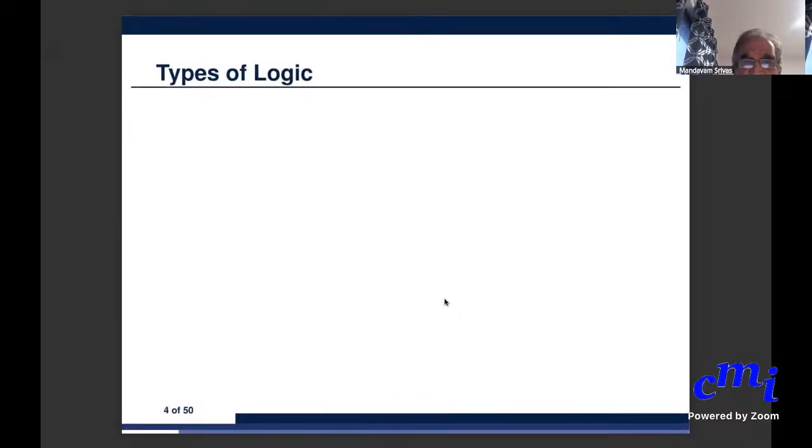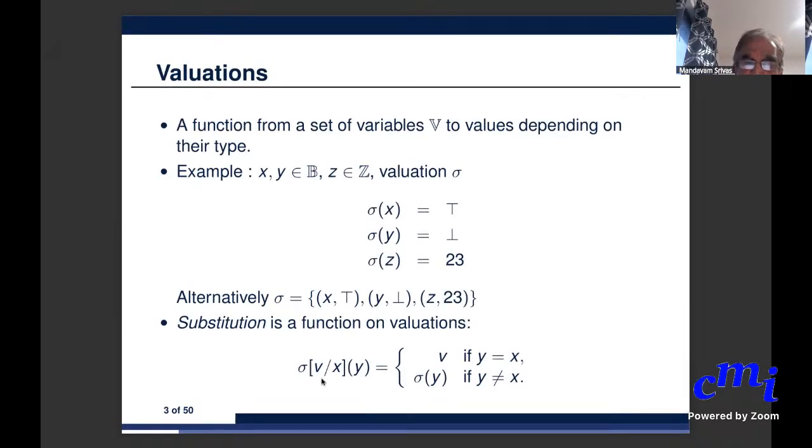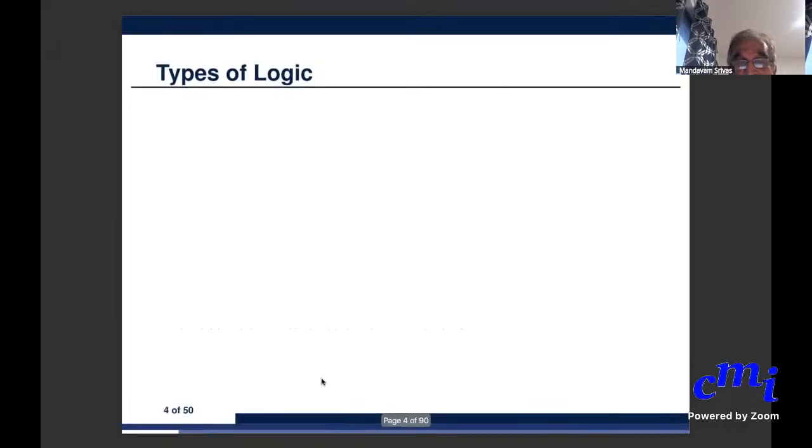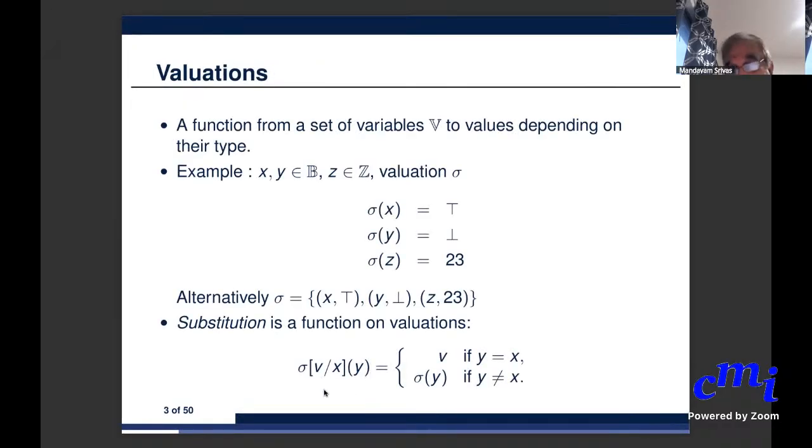Sometimes we want to update this valuation function as we go along, that is, substitute a particular variable and change the value of that variable. In that case, we use this notation.